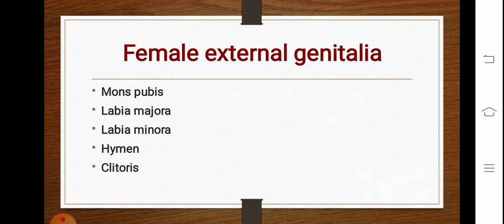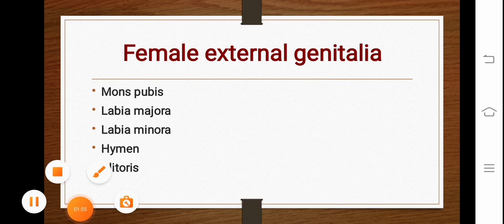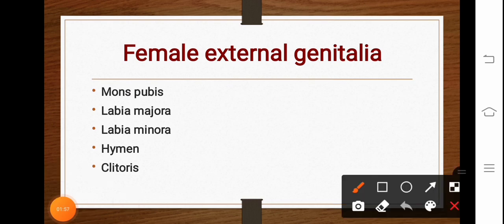Clear? So the second part is labia majora. As the name indicates, majora, it is the major segment of the external genitalia and it is nothing but a tissue fold which surrounds the vaginal opening.